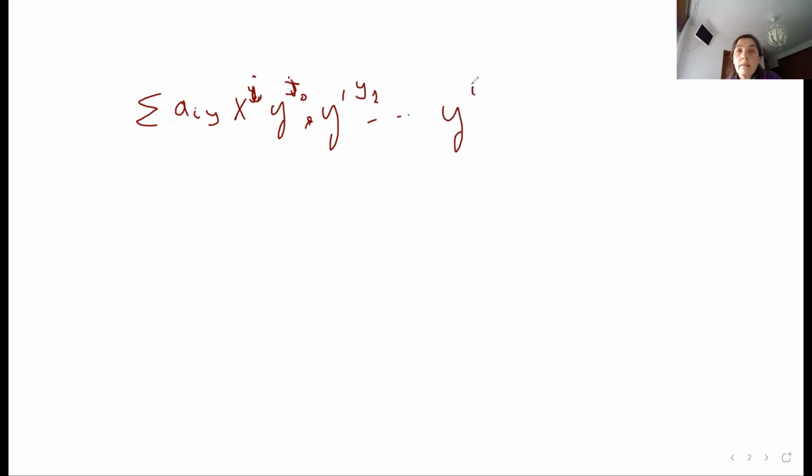So now our equation is of the form the sum of a_ij x to the i, y to the j0, y prime to the j1, times y to the jl.